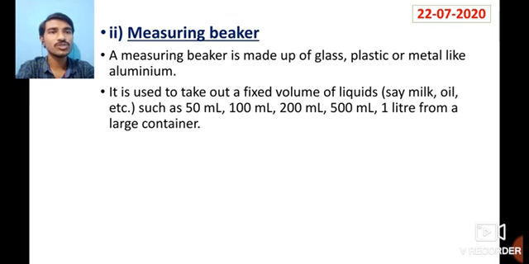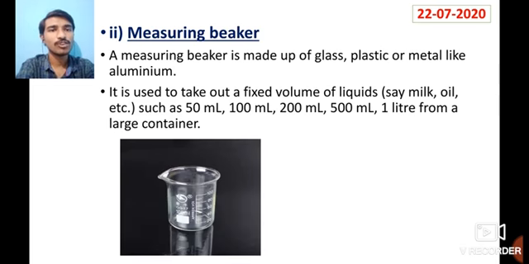It is used to take out a fixed volume of liquid, say milk, oil, etc. Whenever you go to a milk dairy, suppose you want to take half a liter of milk, then they will use an aluminum beaker and give you 500 ml of milk from a large container. So this measuring beaker is used to take out a fixed volume of liquid.